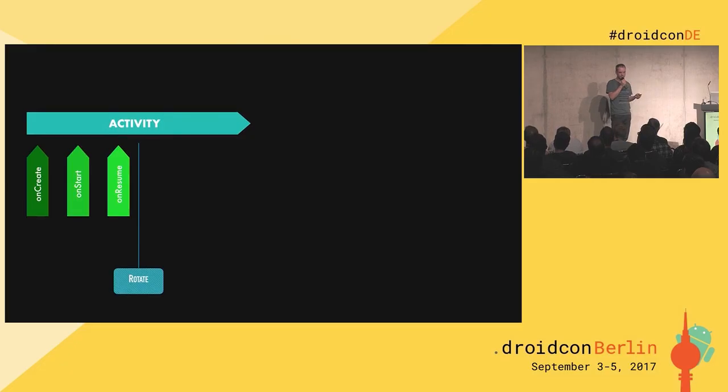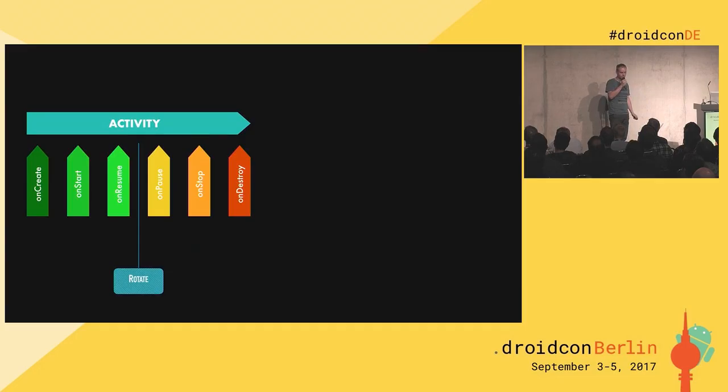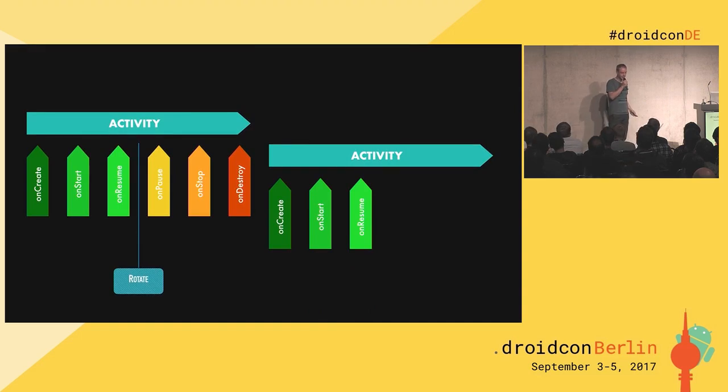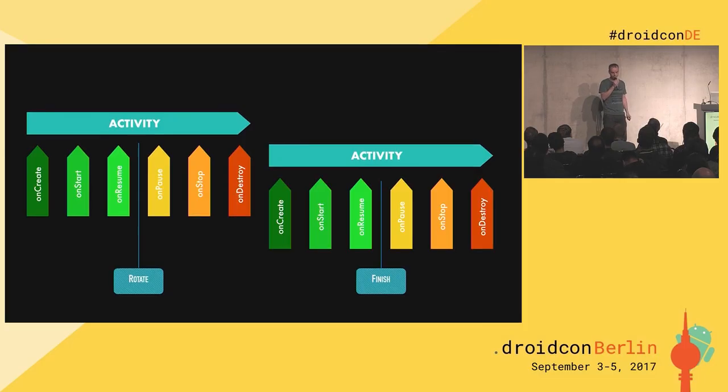Your activity is destroyed, so you run through onPause, onStop, onDestroy, and a new instance of the activity is created. Now it starts all over again, so we run through onCreate, onStart, and onResume. And eventually the user will finish the activity, maybe exit your application, and you run through the destruction again, and your activity is gone for good.